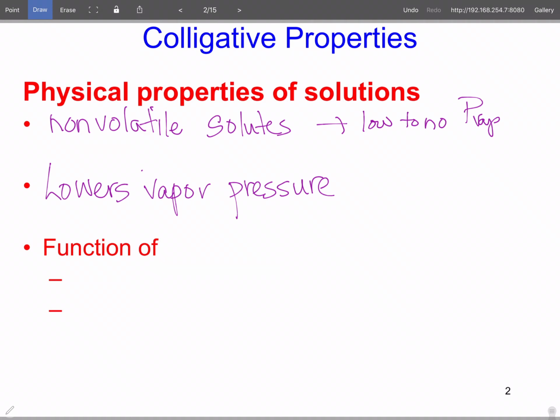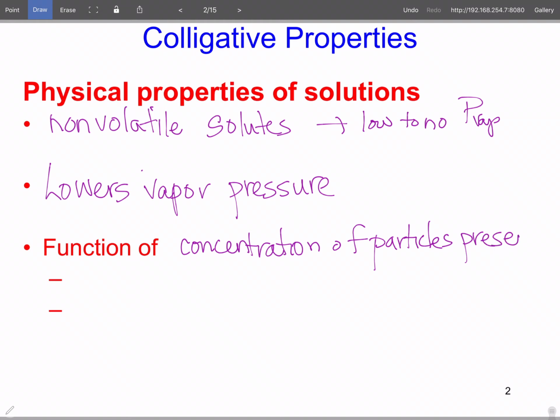Now, if colligative properties are a function of non-volatile solutes and they lower the vapor pressure, there's one other issue you have to worry about: it's a function of the concentration of the particles present. Now the trick to this is we don't take the original solution per se.